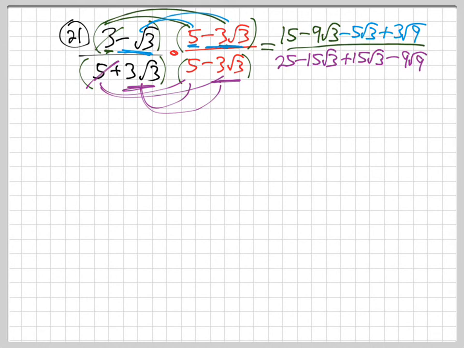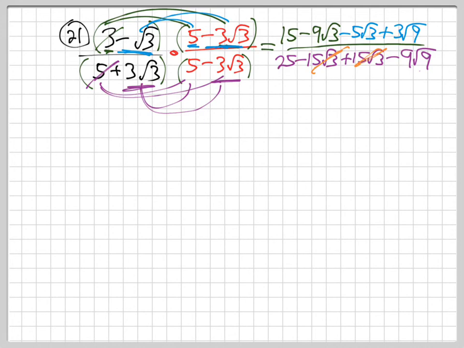Getting a little scribbly there. Everybody seeing that? Okay. Now, look what happens on the bottom. These cancel, don't they? Because it's minus 15 root 3 and plus 15 root 3?